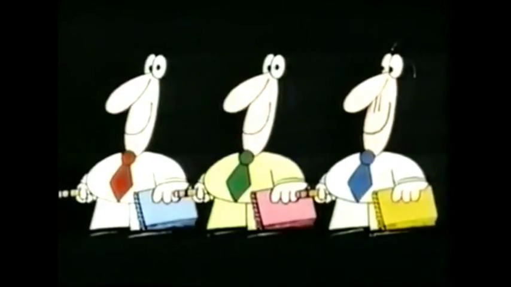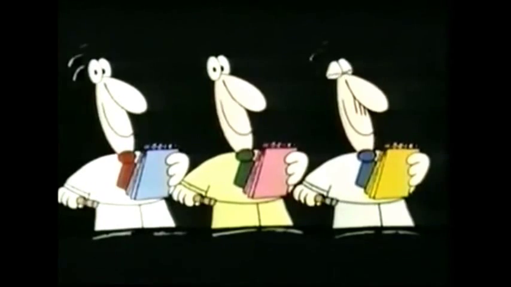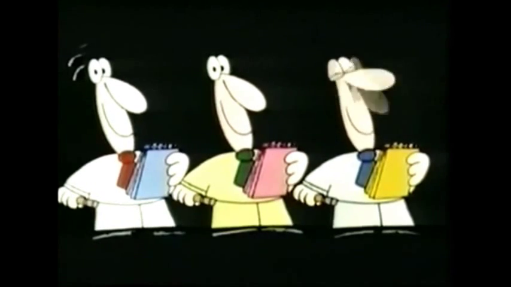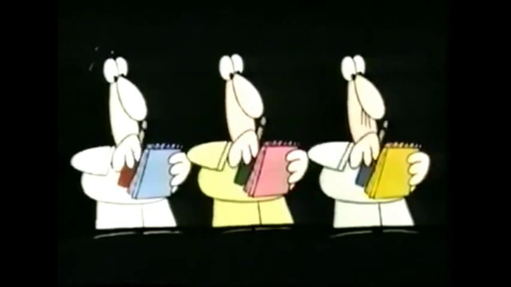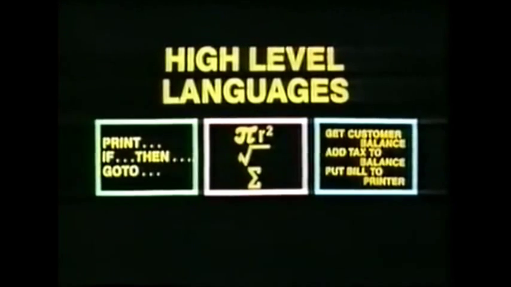But eventually, after a number of years, people began to realize that they were translating the same fundamental ideas into machine language over and over again. So they made lists of the instructions and symbols and procedures that each of them used most frequently, and they called these lists high-level languages.